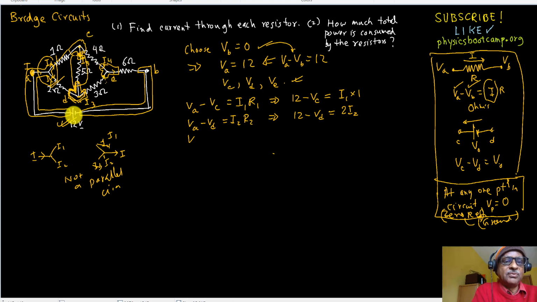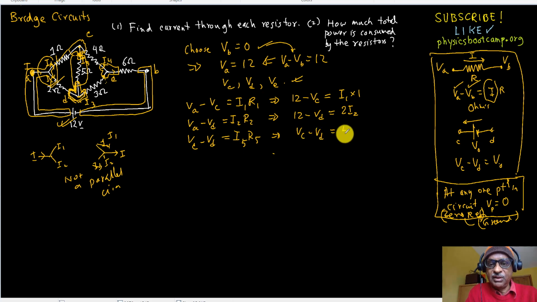Let's use I5. I5 will be VC minus VD. I must keep the direction that I picked. So I5 R5, and VC and VD are not known, so VC minus VD is equal to 5 times I5.